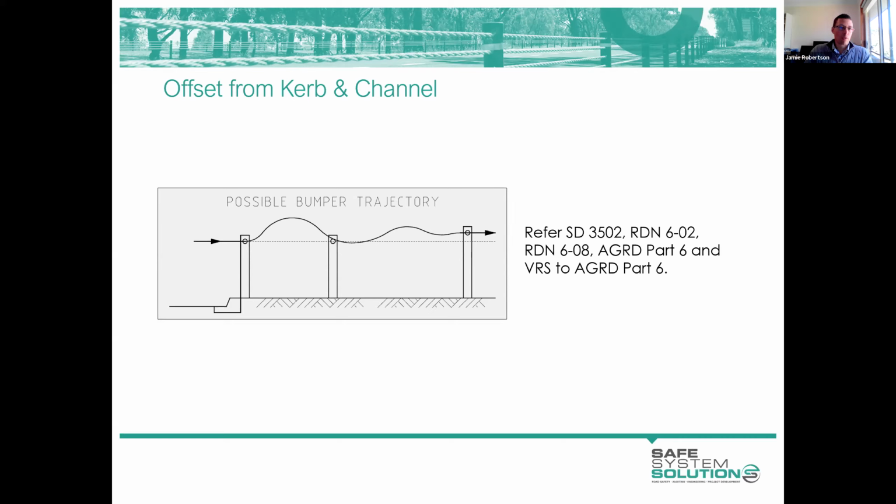So we need to be mindful that we don't locate a barrier where the bumper trajectory is outside of its normal height. So you can see there's some options for locating a barrier a long way from the edge of the road, perhaps at the very back of curb, and maybe somewhere in between.